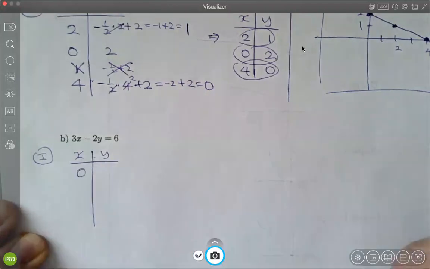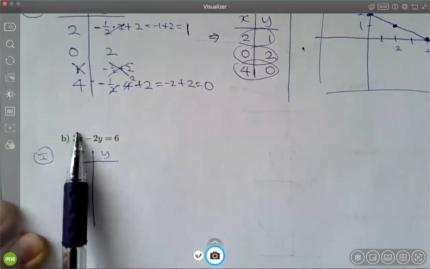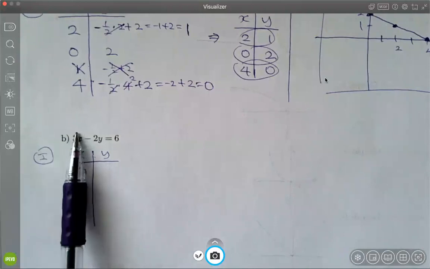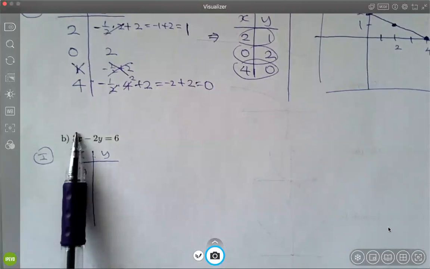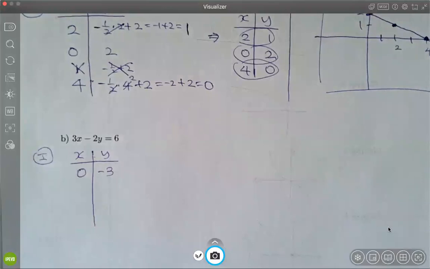So what does that mean? We just have -2y is equal to 6, right? By dividing each side by -2, we end up with y being equal to -3, right? Make sense?